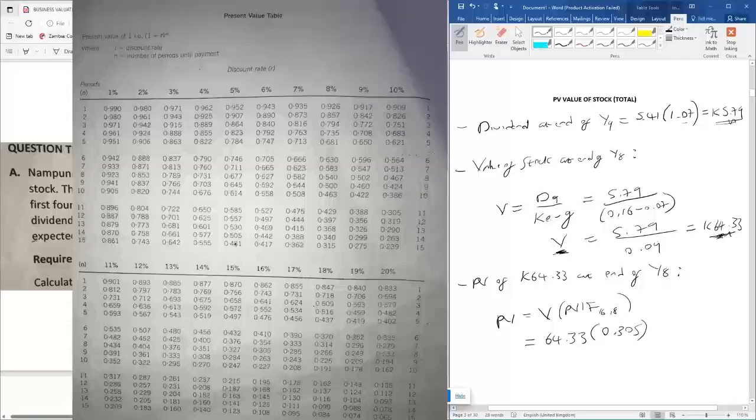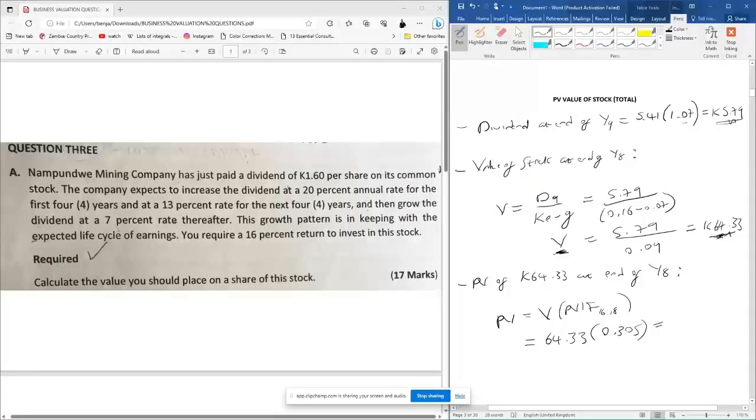And then when we multiply the two, we are going to have, let's just do this from here. We're going to have a present value of how much? We're going to have a present value of 19 kwacha 62 ngwe. That's our present value after we discount the value of the common stock at the end of year 8.